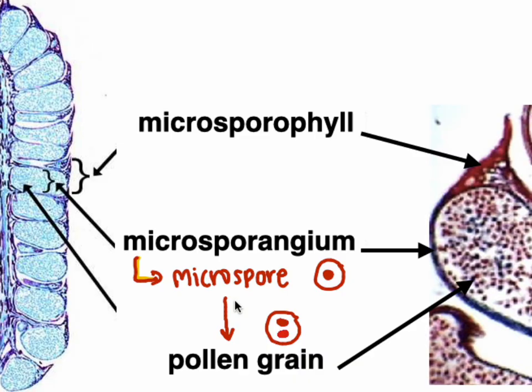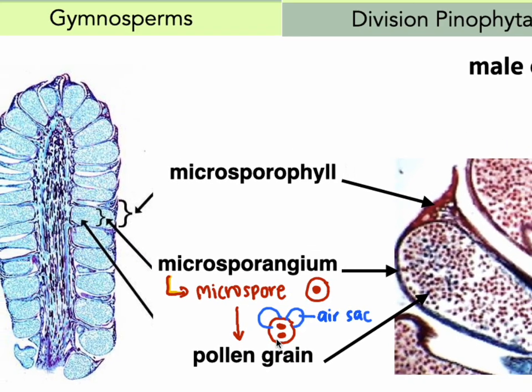And the pollen grain in pine has a little air bubble here, looks like a little Mickey Mouse. This is called an air sac. So the microspore divides really quickly into a pollen grain. That's why they call it a separate name.